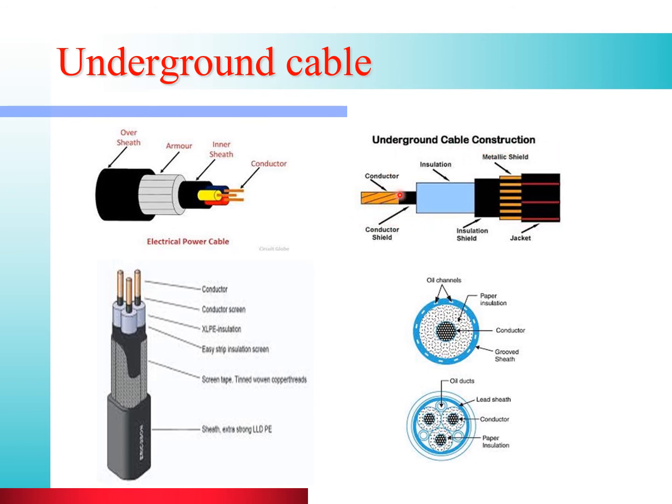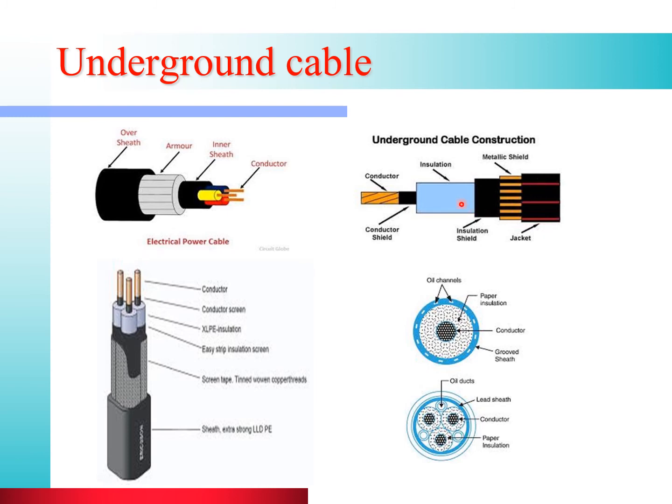On the conductor a conductor shield is connected. On that shield insulation is given, and on this insulation again an insulation shield is connected. On that a metallic shield is connected, and on that metallic shield a jacket is provided.